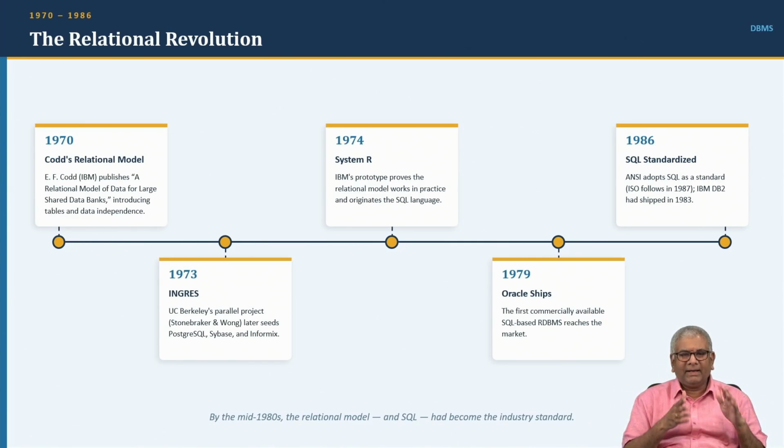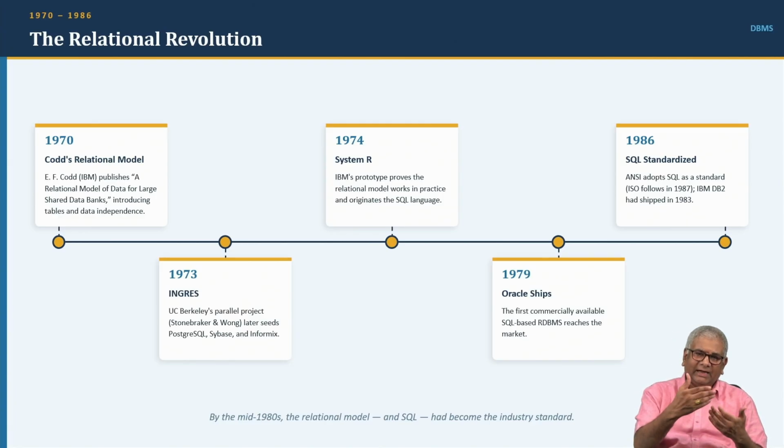So that's 1973. In 1974, again IBM provided a prototype database system called System R, and they pioneered this language called SQL. We will talk about SQL a little later, but SQL is the language which is used for database management.